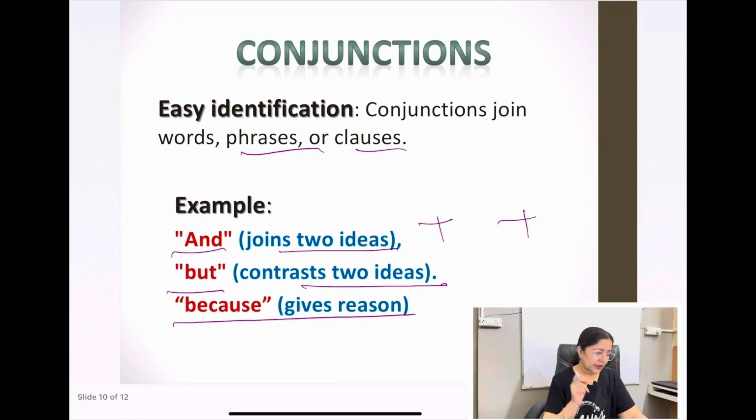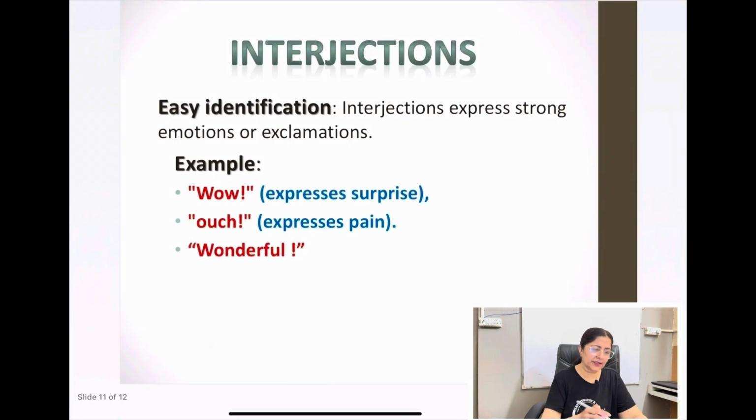Interjection is the last part of speech which expresses strong emotions or exclamations like wow, ouch, wonderful. Okay, wow is a feeling of surprise, ouch is a feeling of pain, wonderful is obviously showing your excitement or surprise.